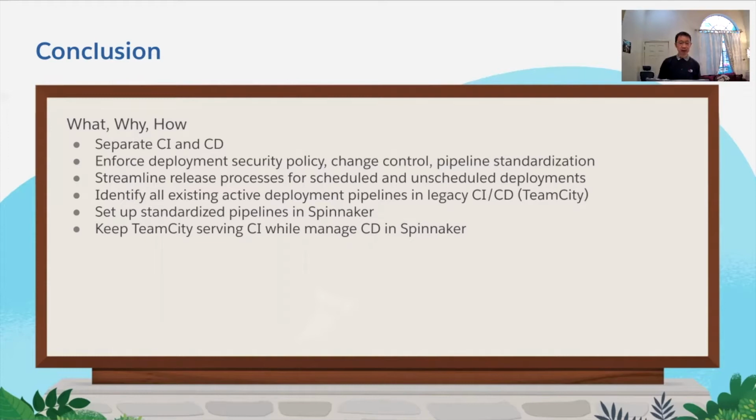We identify all existing active deployment pipelines in legacy CI/CD in TeamCity. Based on that, we set up standardized pipelines in Spinnaker. In the meantime, we keep TeamCity serving CI while managing CD in Spinnaker.